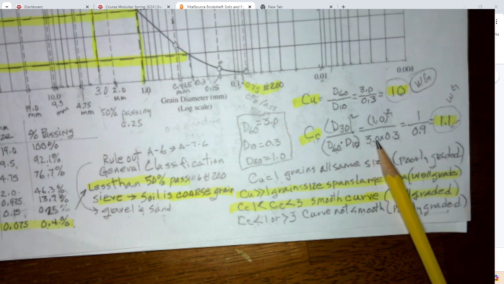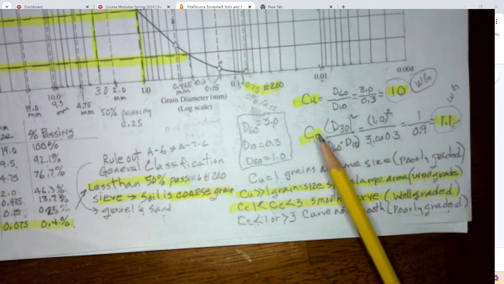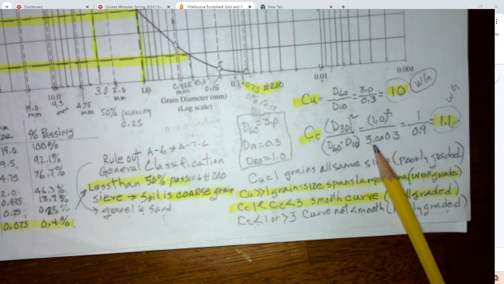D60 is 3 times 0.3 for D10. I have that as 0.9. Let's double check that: 0.3 times 3 equals 0.9. That's what I have.